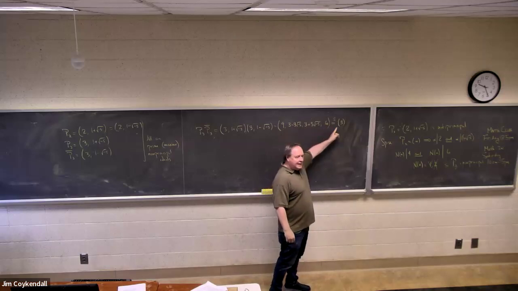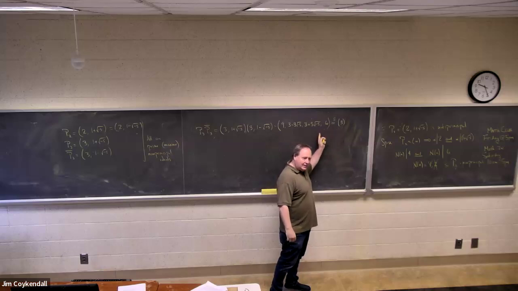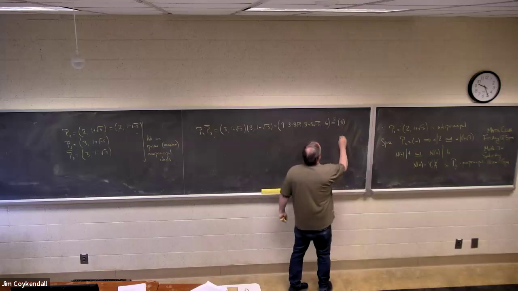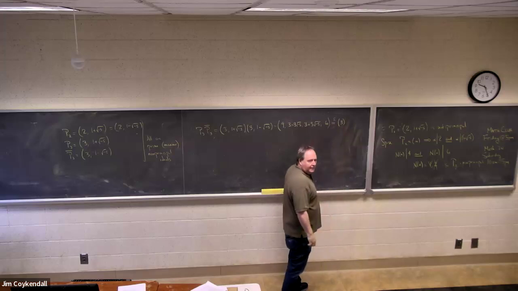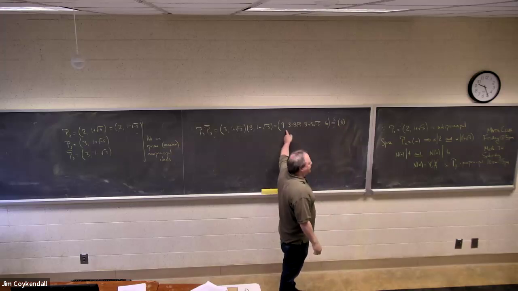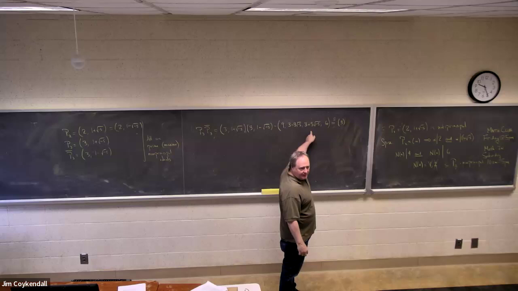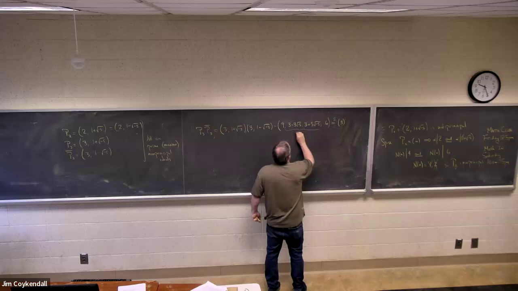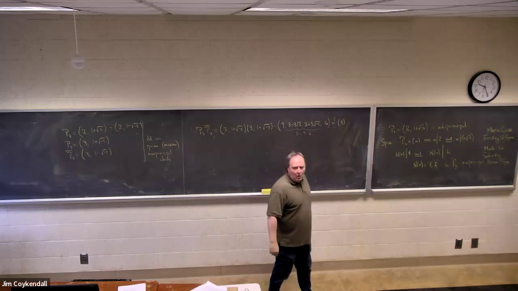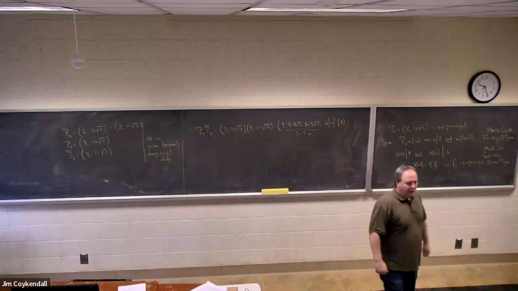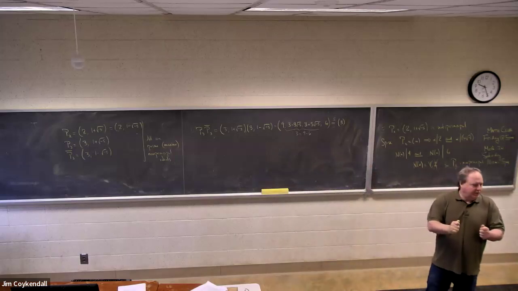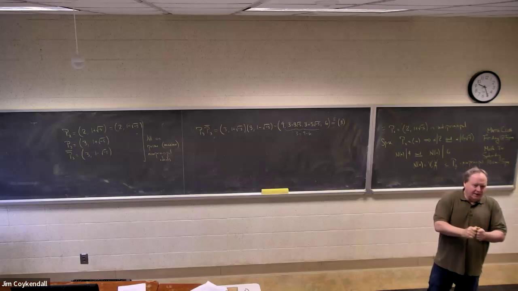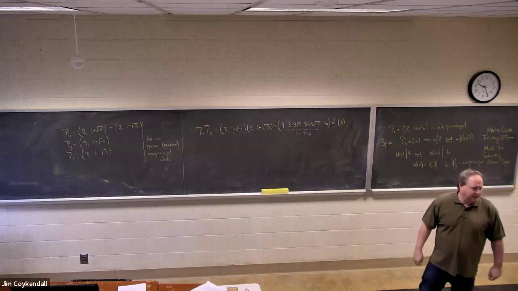So certainly the ideal generated by 3 has to contain this. What might be a little bit more mysterious is the other way. But it will suffice to show that 3 lives in this ideal. And it does. So you have equality. So what you have here is 2 non-principal ideals, and when you multiply them together, magically you get a single generator.